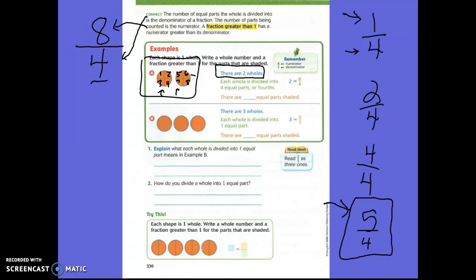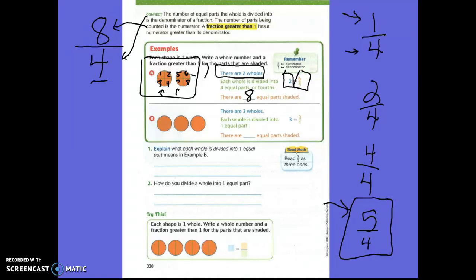How many equal parts are shaded? 4? No, how many are shaded? 8. You have to count both of them, not just one. There are 8 equal parts shaded. So 2 equals the same thing as 8/4.